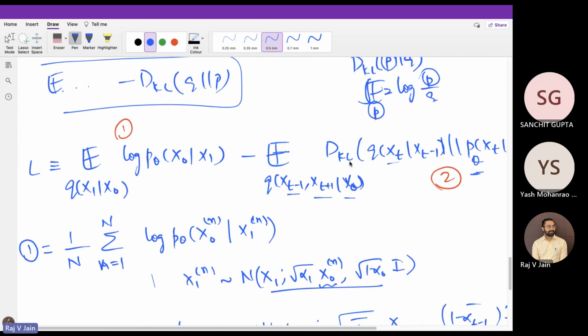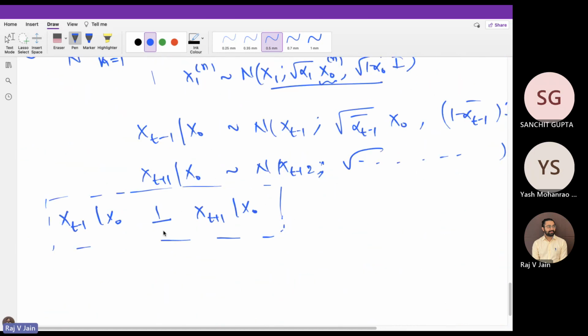Now, as Yash pointed out, you will generate x_t also, x_{t-1} also, and x_{t+1} also. All of these values you're trying to generate. This is going to be a high variance system, because we are running the neural network 3 times.